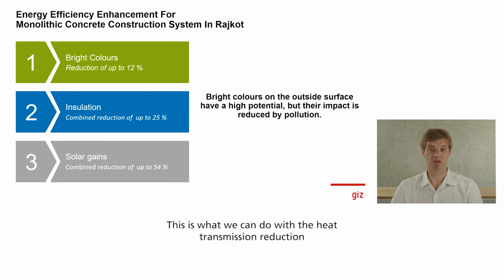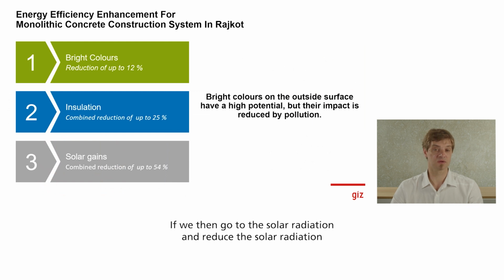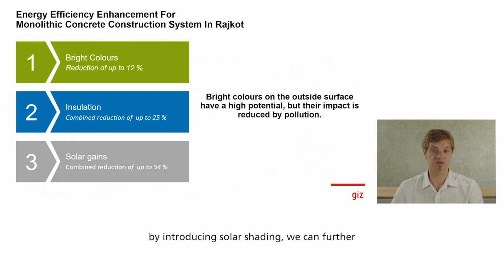So this is what we can do with the heat transmission reduction by using bright colors on the outside and insulation on the inside or outside. And if we then go to the solar radiation and reduce the solar radiation by introducing some solar shading, we can further reduce that amount up to 54%.